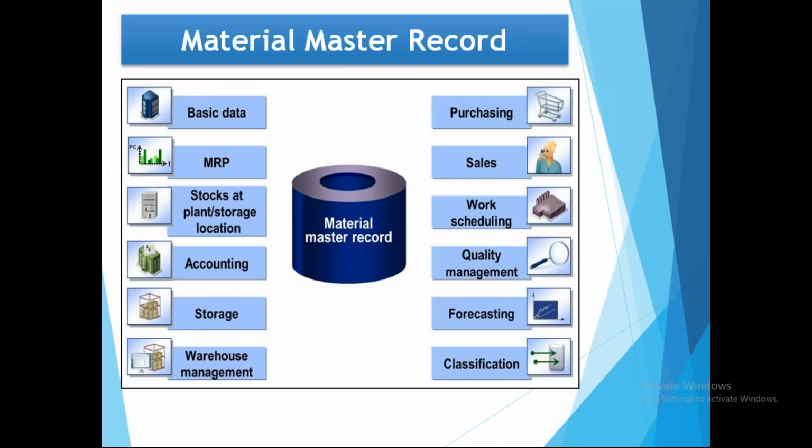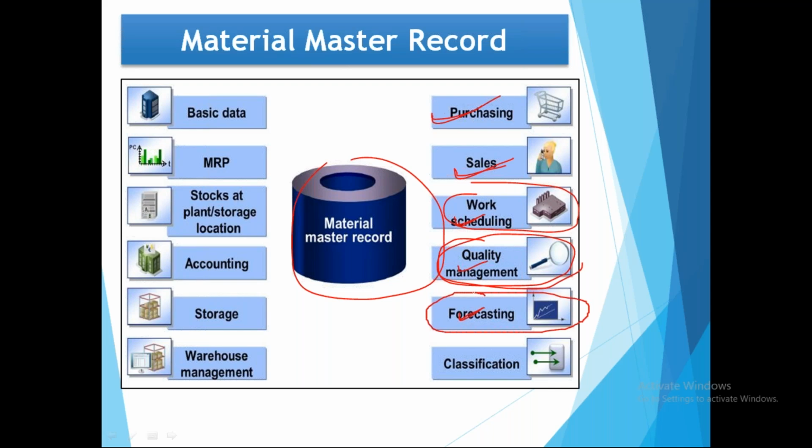If you see here in the material master, the purchasing department will maintain their data, sales people will maintain their data in sales views, the production department will maintain their data in work scheduling view, the quality management, quality control department will maintain their data in QM view, and the forecasting department will maintain their data in forecast view.